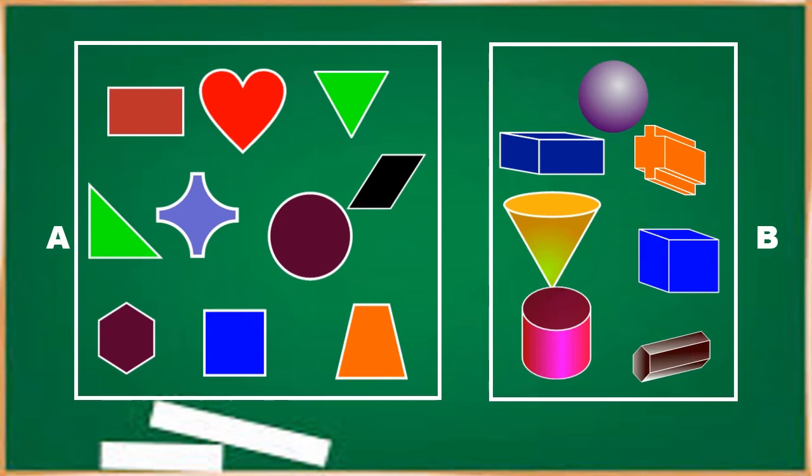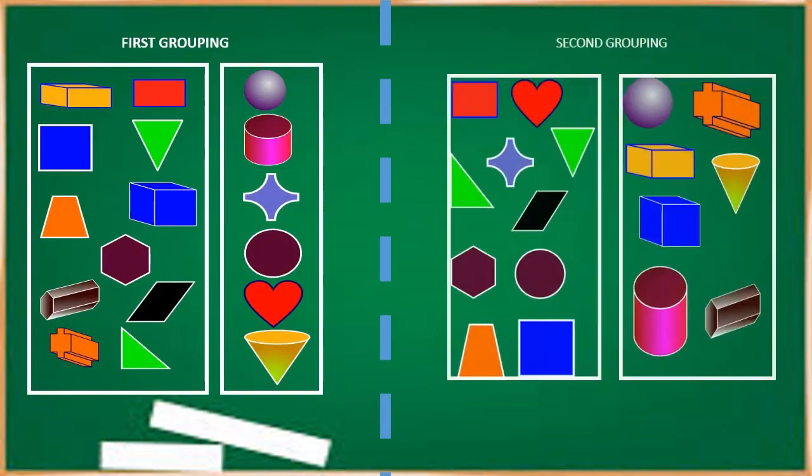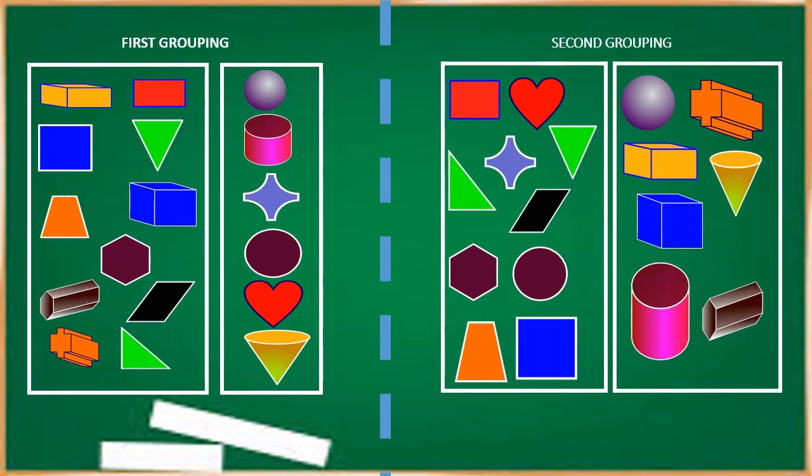Look at group A and then look at group B. Now let's look at the two groupings and let's agree on one grouping considering specific features that are common to each group. Now we have the two groupings before us.